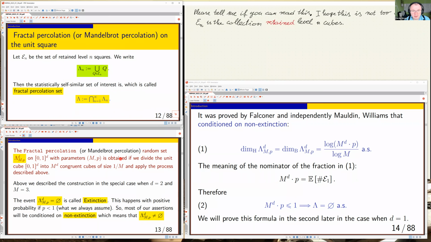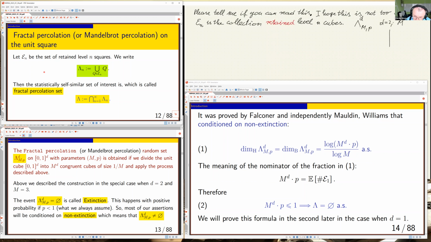So the fractal percolation Mandelbrot percolation set is denoted in this way, lambda d m p. D refers to the dimension. In the previous example, D was equal to 2, and m is the number of divisions.